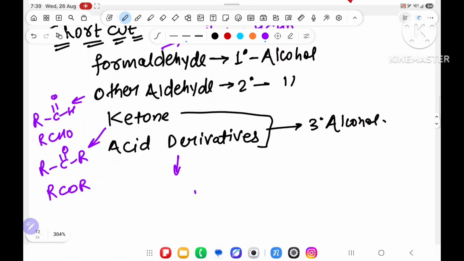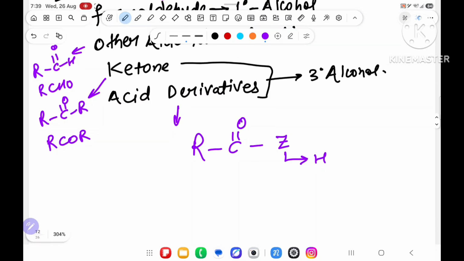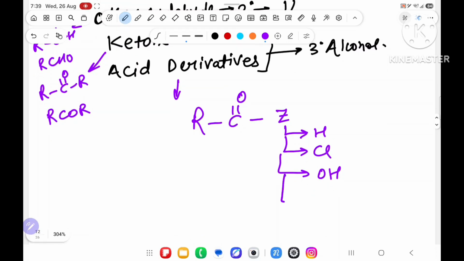But acid derivative means RC double bond O with something Z. If you put Z as Cl, acid halide; H, aldehyde; OH, carboxylic acid; NH2, amide; Br or Cl like that. Anything you put over here, lots of things are there, either NHR or NR2, like that.